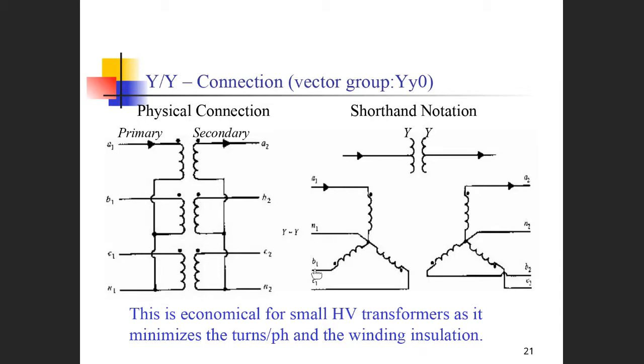The starting point B1 and ending point B0, and the starting point C1 and ending point C0, are connected to the neutral point N1. The shape we draw here is a star because we would like to show the star connection, and also their positions in the transformer in space.